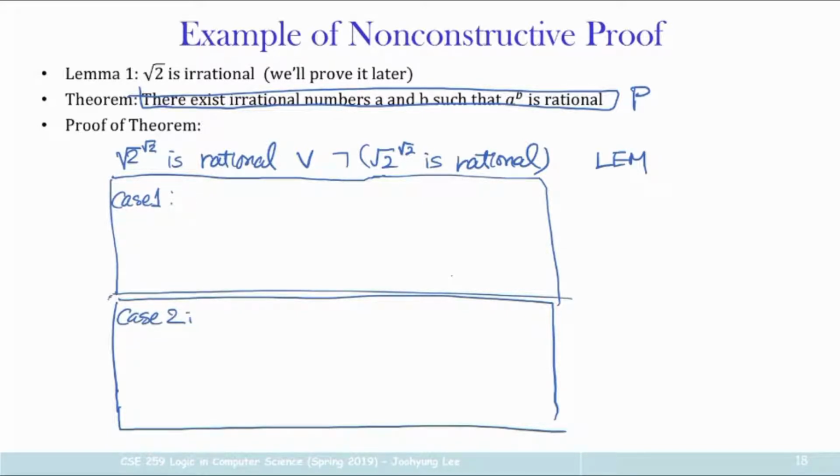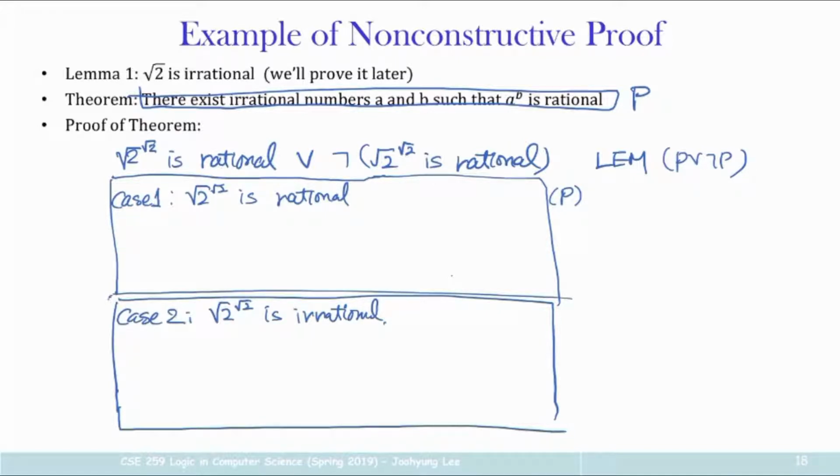It's a declarative sentence. So what this LEM is saying is actually P or not P, right? And case 1 is assuming P, which is: square root of 2 to the square root of 2 is rational. And case 2 is this number is irrational. Let me just write it this way: the negation of 'this number is rational' is the same as 'this number is irrational'. Okay, are we together?